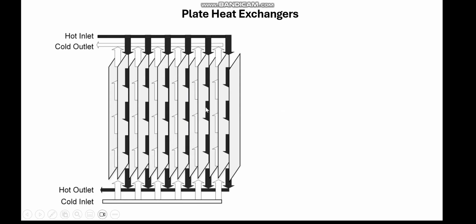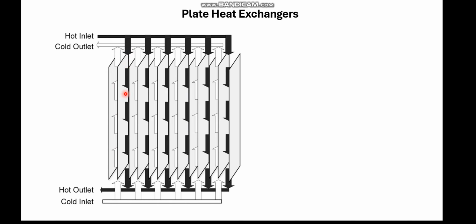Another type of heat exchanger is the plate heat exchanger. In a plate heat exchanger, we have these plates, and they are fixed inside a frame. The cool and the hot fluid move on alternate sides of a plate, like you can see here, the cool fluid enters here, and the hot fluid enters here.